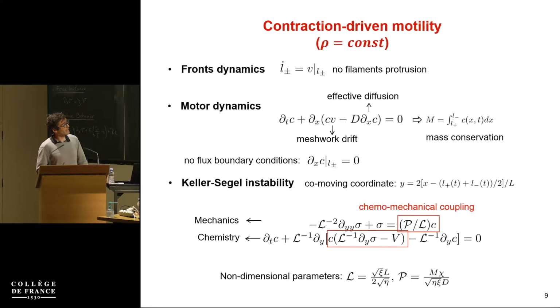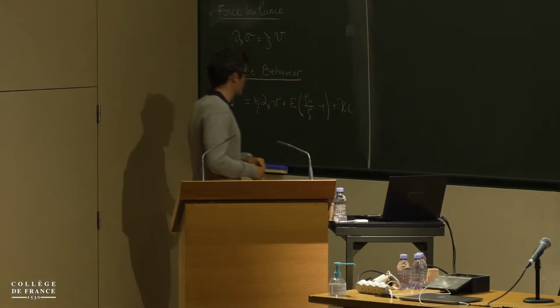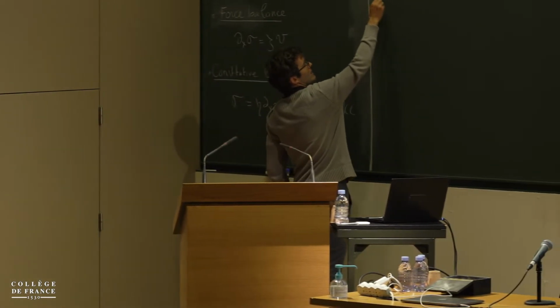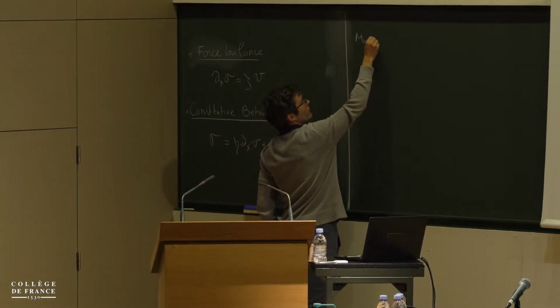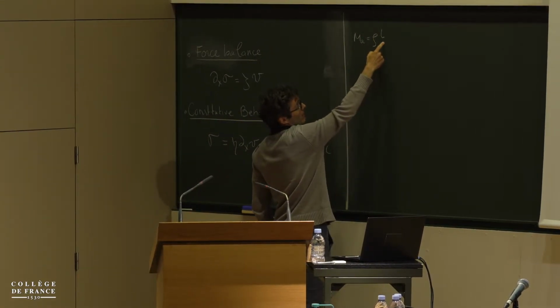And as the density is constant, you can get to the constitutive behavior, and essentially as the mass of actin is conserved, it is equal to the density multiplied by the length.